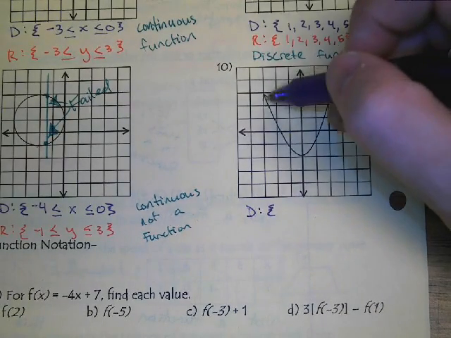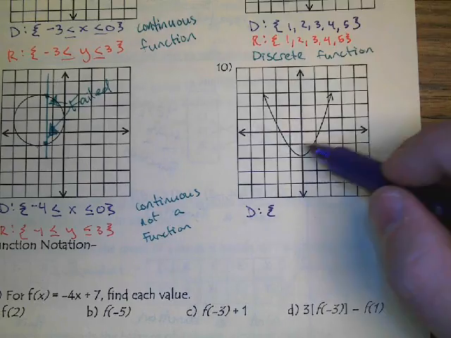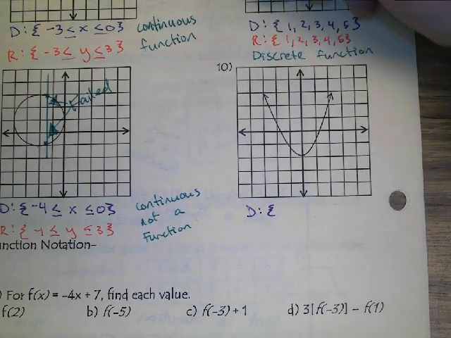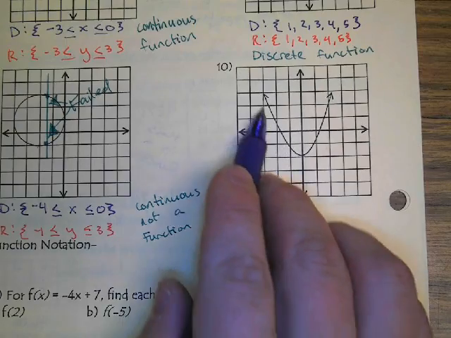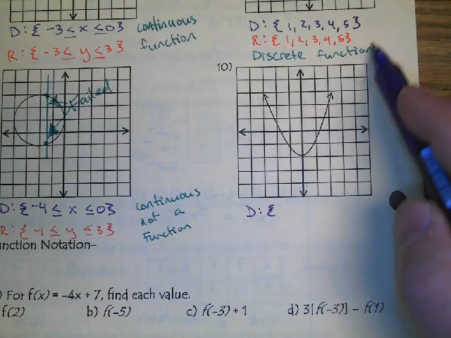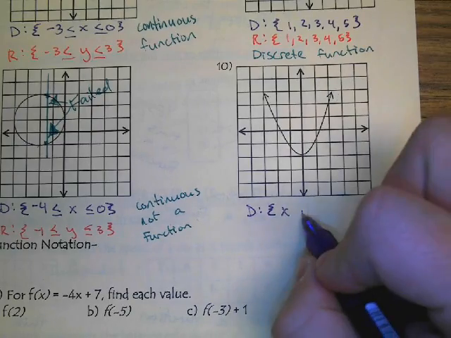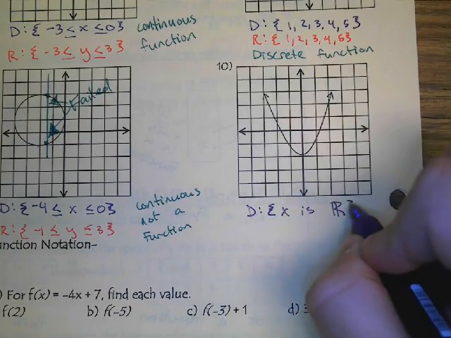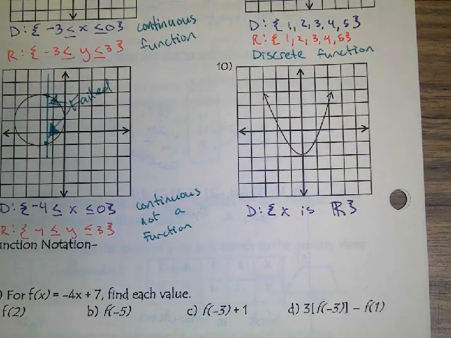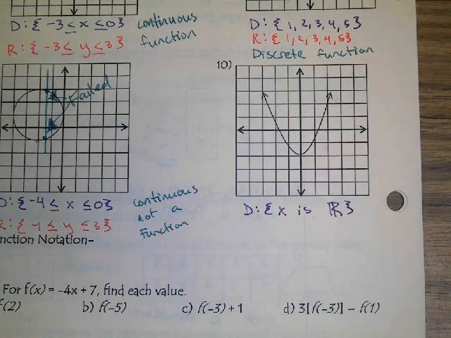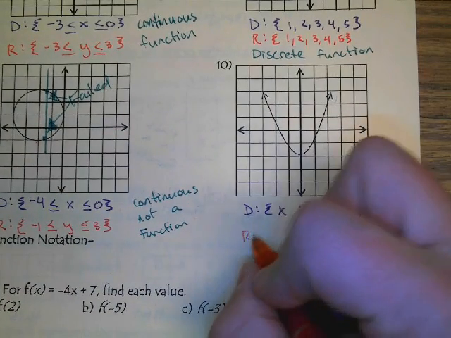So if it's going on forever in the negative direction, and I'm talking about my x values, you can picture it, I'm grabbing all the negative x's and all the positive x's. So I can say x is all real numbers, because x can be anything. This line goes off forever to the left and forever to the right. But my range is a little bit different.